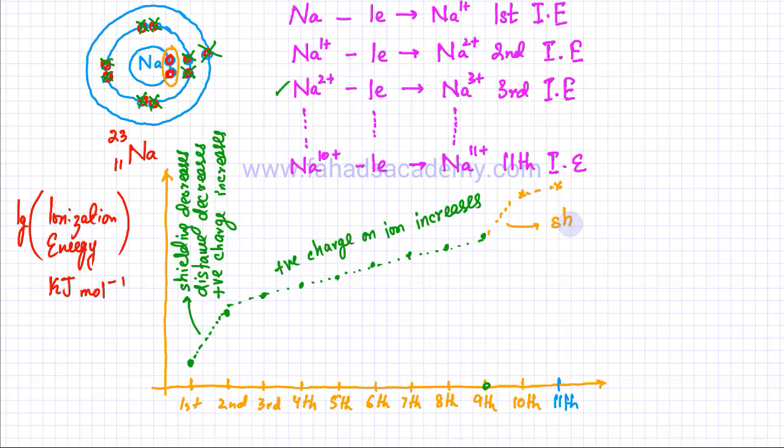One is that shielding decreases. You are now closer to the nucleus, and there's less hurdle between the nucleus and the electrons. So shielding decreases, distance decreases.